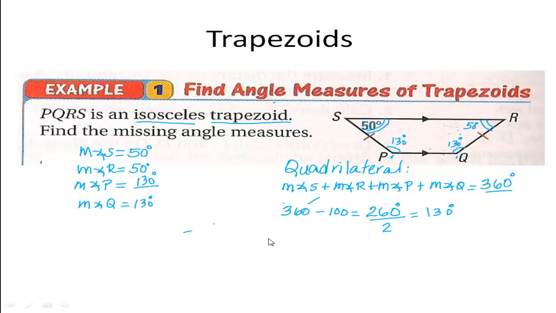You can write that 50 plus 50 plus the measure of angle P plus the measure of angle Q, all of those have to add to 360. Now I can add these two. This is 100 plus the measure of angle P plus the measure of angle Q equals 360.